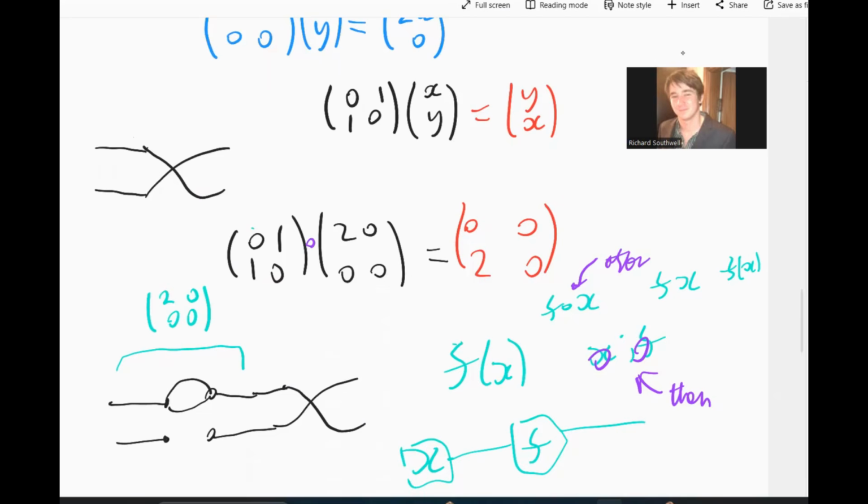And now, this is our other matrix, our one that does a switch. And now it's interesting because we can actually apply the equations that we have for free in our graphical linear algebra.